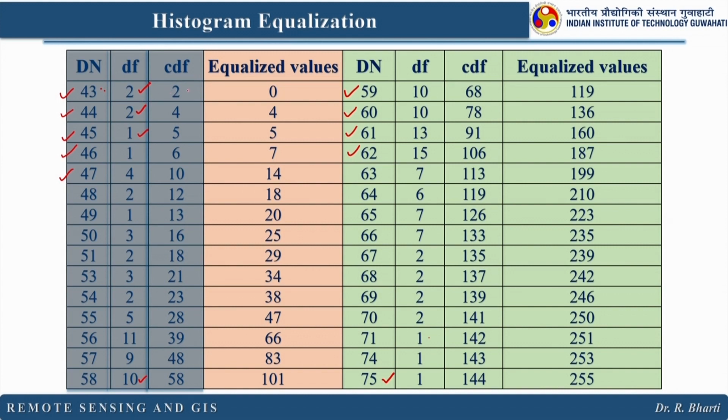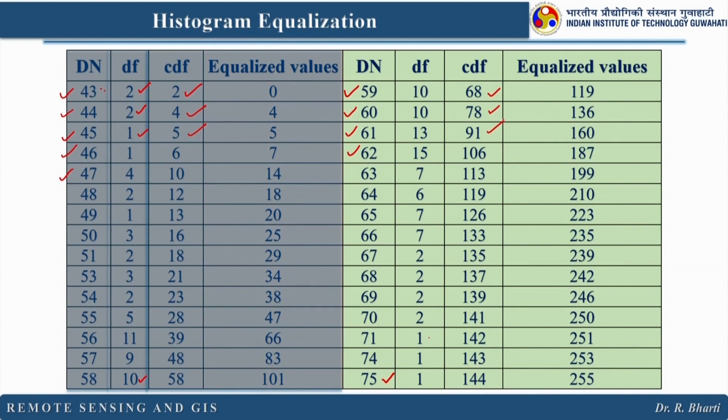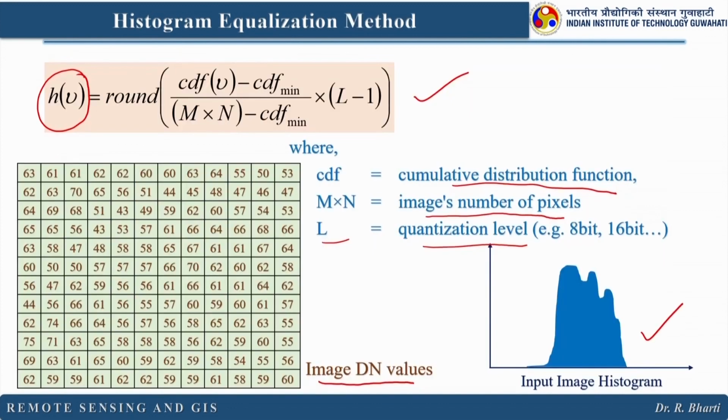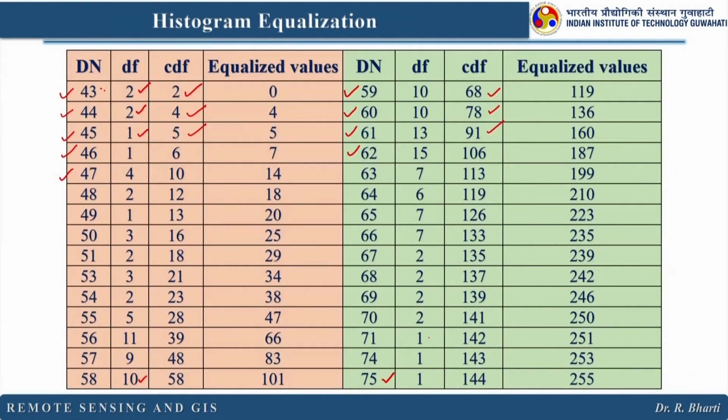So, you start from this 2, then 2 to 4, 4 to 5, like that you have to calculate all the CDF values, right. Once you have that, you can simply use this particular formula and calculate your output value. So, here this is the equalized value.